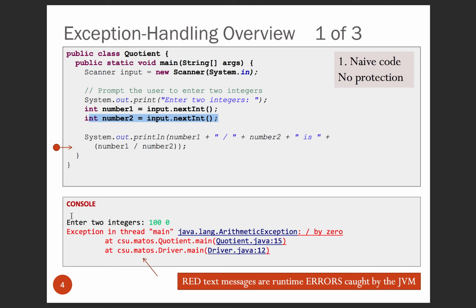For example, if you enter two integers, the first integer is 100 and the second integer is 0, that means 100 is being divided by 0. That basically gives a runtime error. Although you don't have any compile errors, you run the program, but when you give 0 for the number2 variable, it gives a runtime error. So your program will be terminated, and this is naive code. You don't have any protections, and this can make your program terminate.